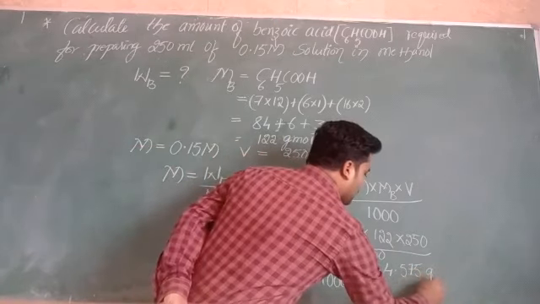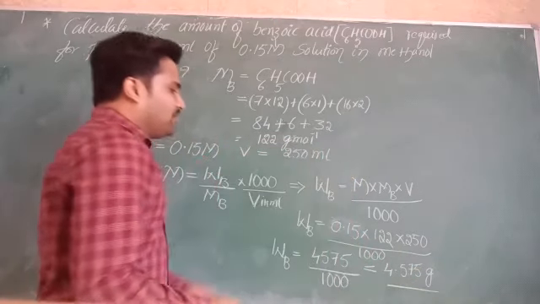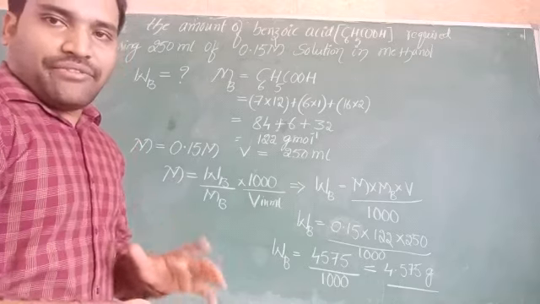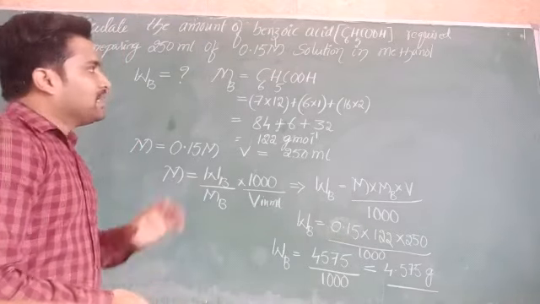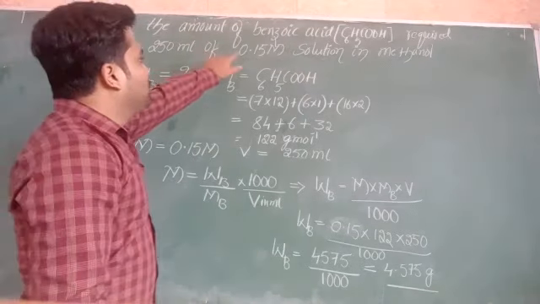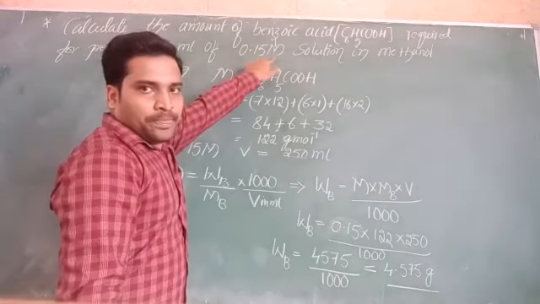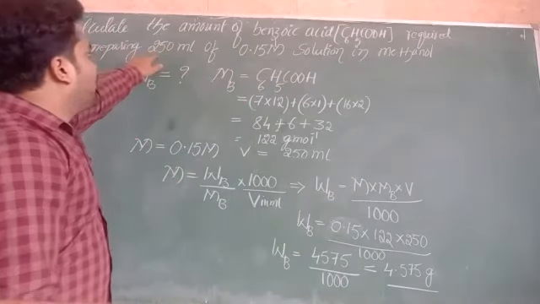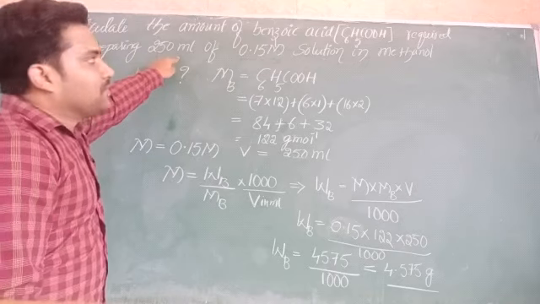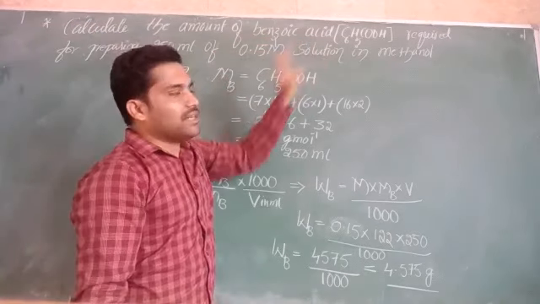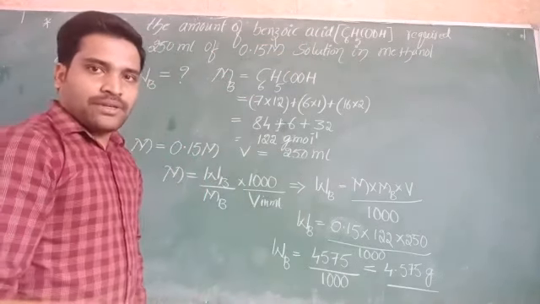That means it is in gram. That means 4.575 gram of solute is required for the preparation of 250 ml of 0.15 m solution. So here benzoic acid is dissolved in methanol. Clear?